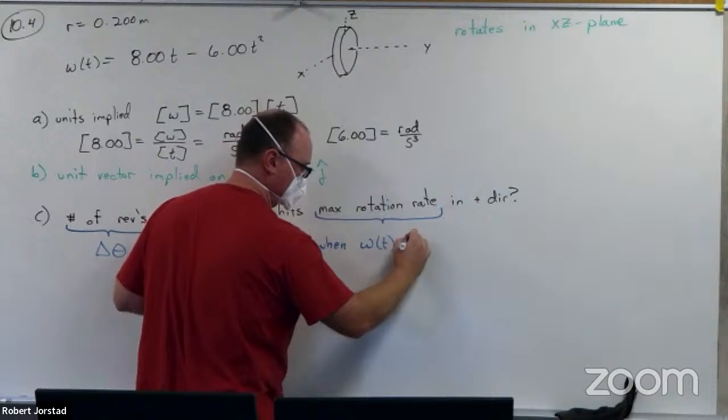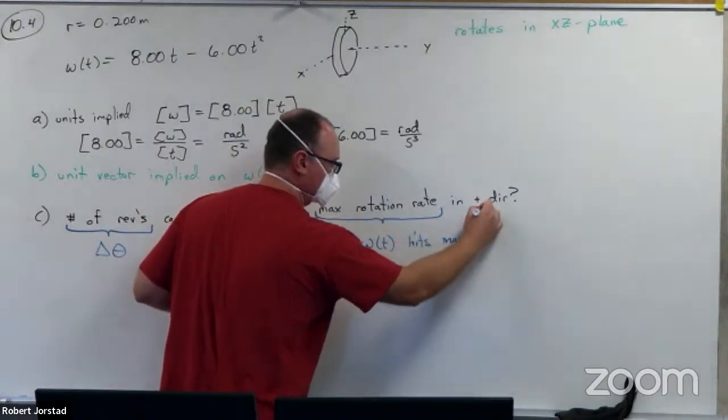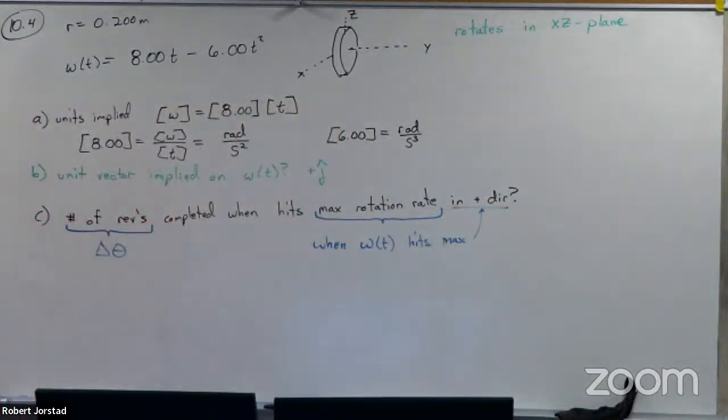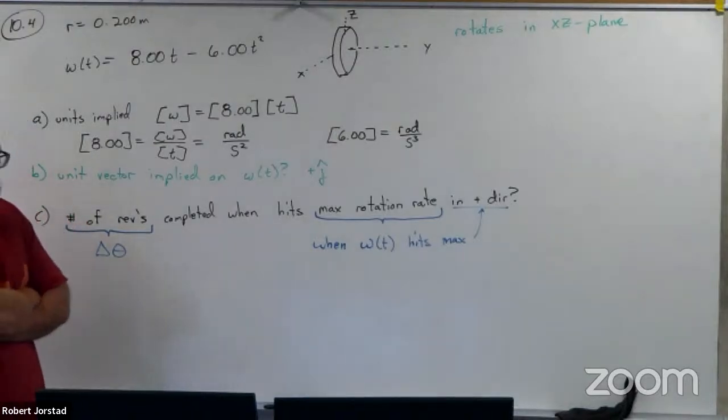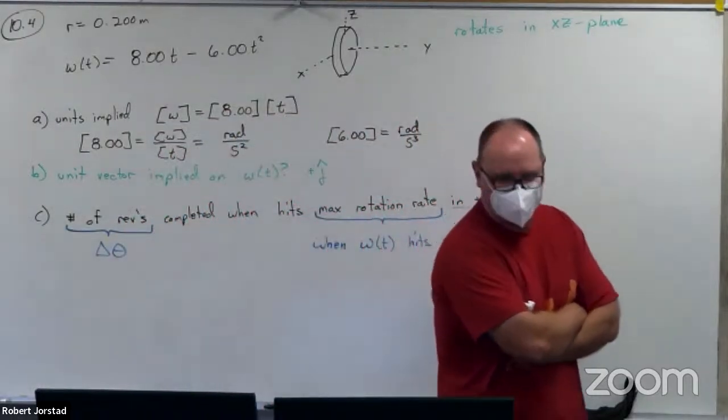Yep. In the positive direction here. Okay. How do I figure that out? Which kinematics equation should I write? Should I use the delta theta equation? Should I use the omega equation or the omega squared equation?